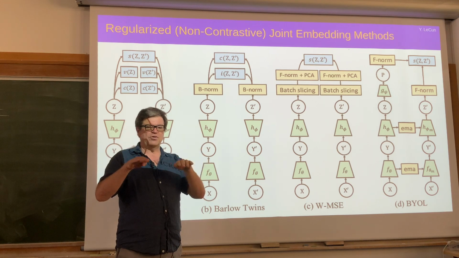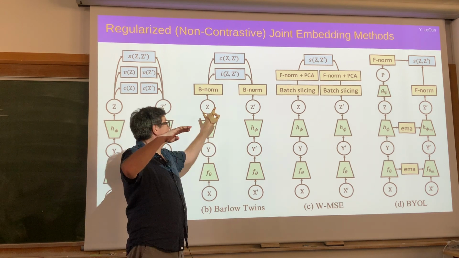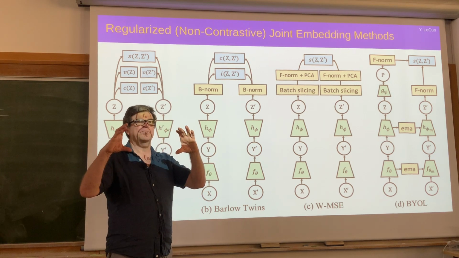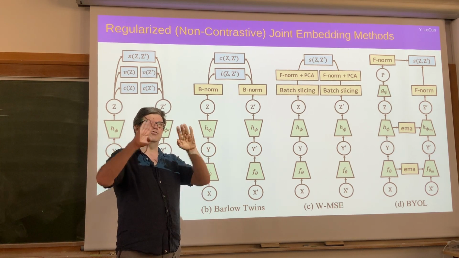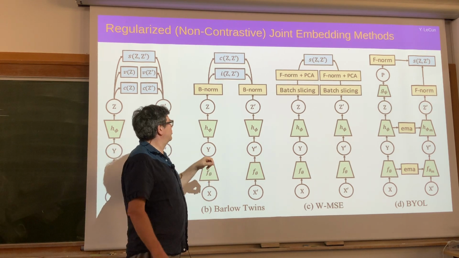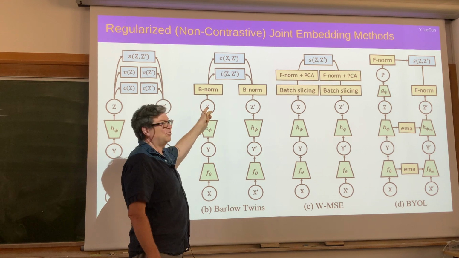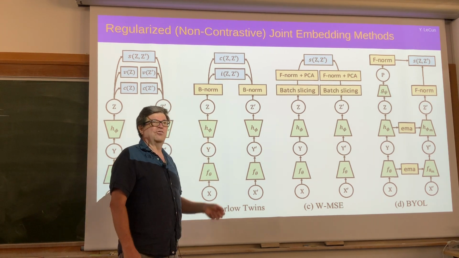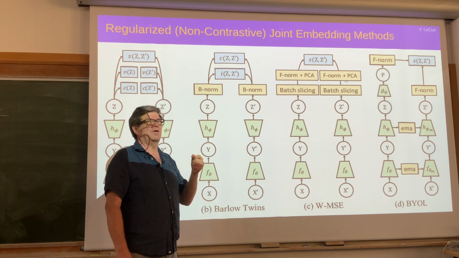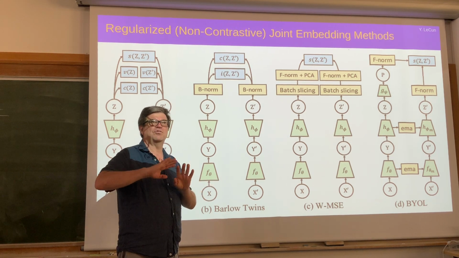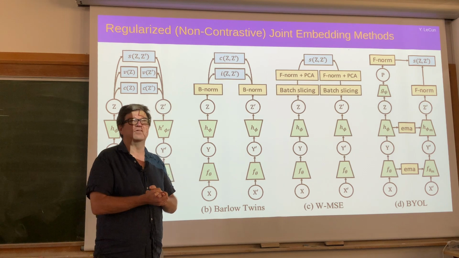And you take those two matrices, which are the representation vectors over a batch of, let's say, 1,000 samples or so, and you measure the cross-correlation matrix between those vectors. You get a square matrix whose dimension is the dimension of the representation vector, and the loss function is a measure of distance of that matrix to the identity.